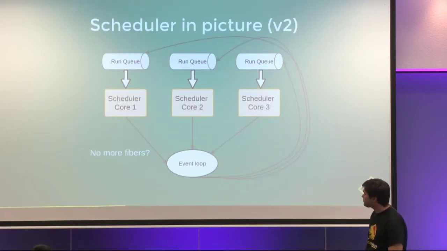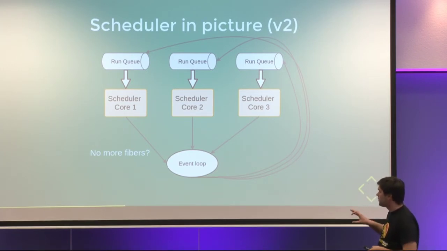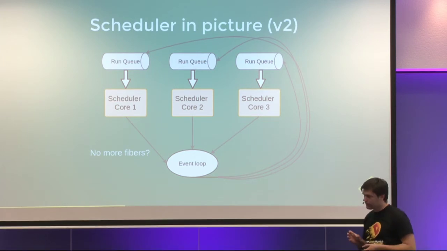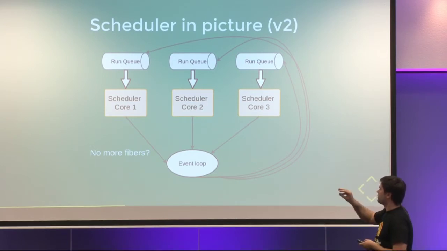Let's talk a little bit about what the scheduler looks like. This is the first prototype, and I had this idea that I could make everything symmetric. A typical machine has 3 cores, so 3 threads run, each on its own core, and they pick fibers from the queues and run them.